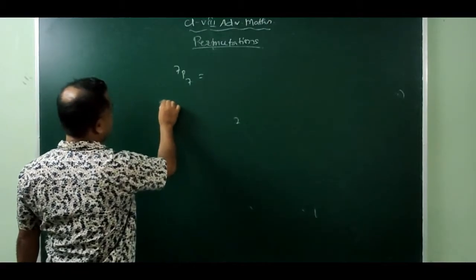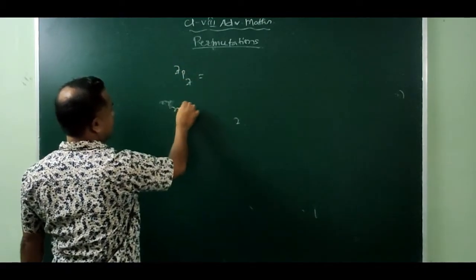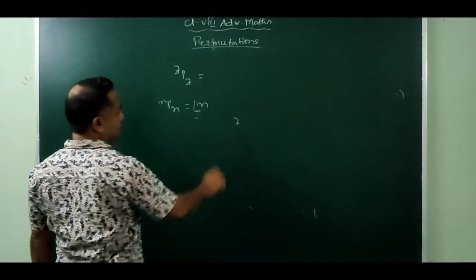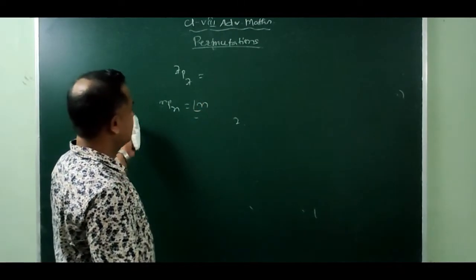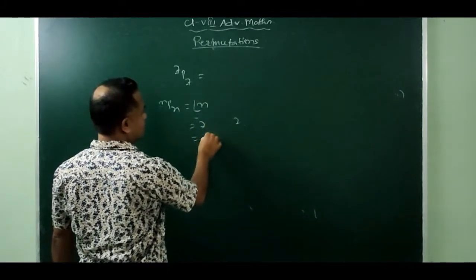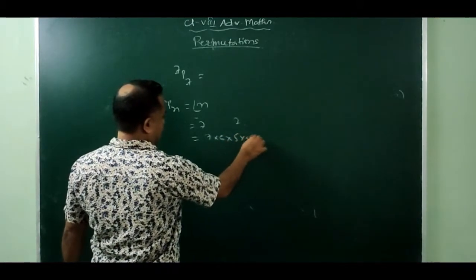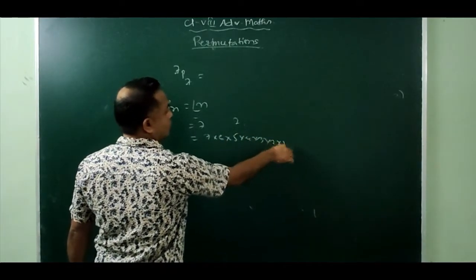We have a formula, nPn, say this one is n, this one also n. nPn is equal to factorial n. So here, factorial n means factorial 7, so factorial 7 means 7 into 6 into 5 into 4 into 3 into 2 into 1.